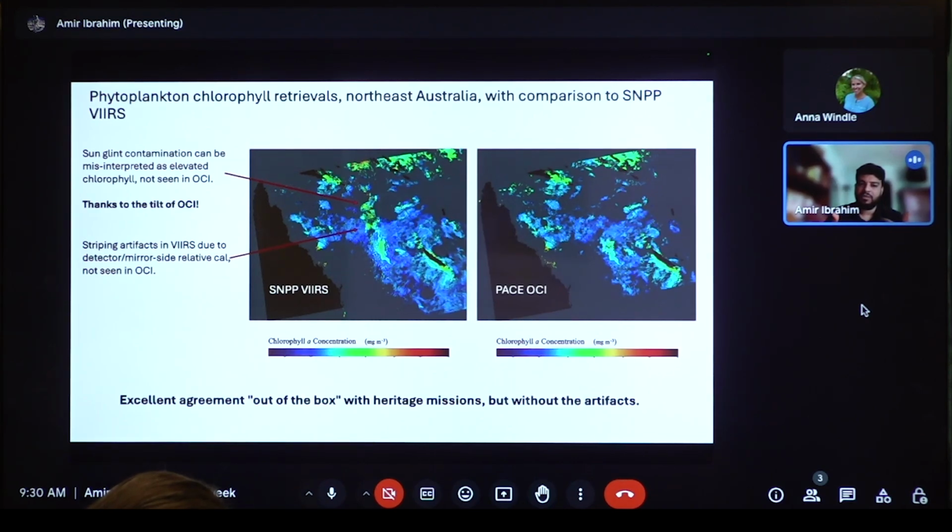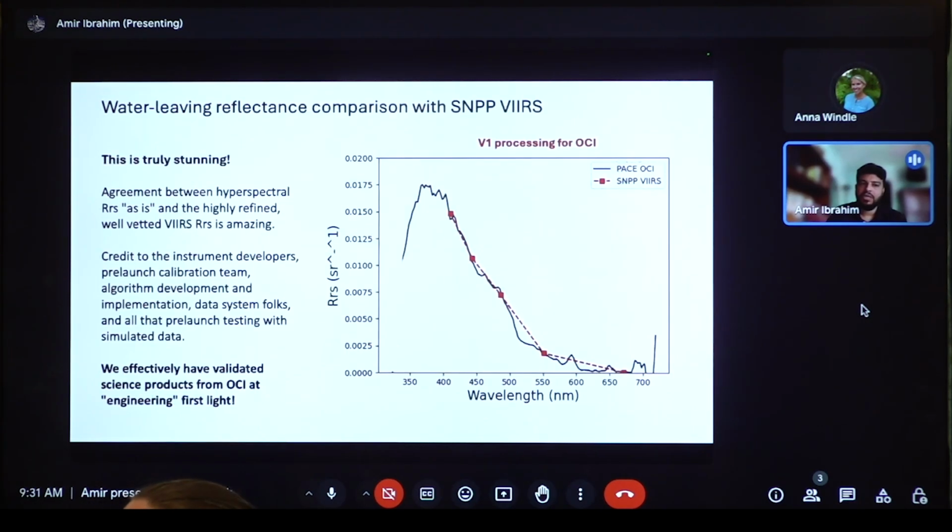VIIRS cannot avoid the glint, so when we do the atmospheric correction in the glint, it's a lot more challenging. So you end up seeing a lot of spatial artifacts in ocean products that PACE OCI does not see. Also, there are other spatial artifacts related to calibration, and PACE calibration was really amazing from the first light images.